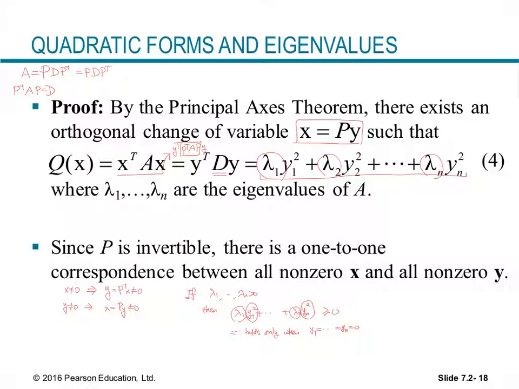Otherwise, at least one of these y values will be non-zero, and then that term squared times the eigenvalue will be positive.